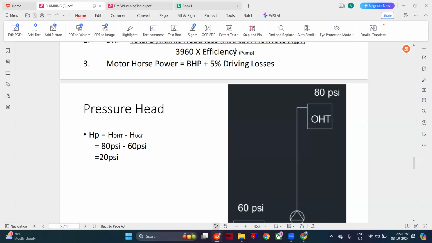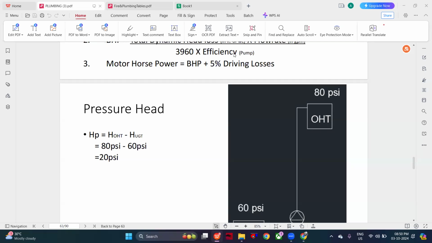Actually, we did it in our firefighting. Why did we find out the pressure head there? Do you have any idea? We took a lot of time to find that one. With a firefighting pump, why do I need to find out the pressure head? To maintain pressure, exactly.